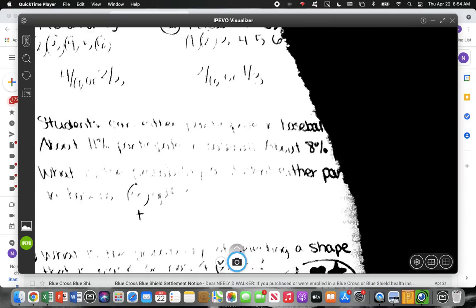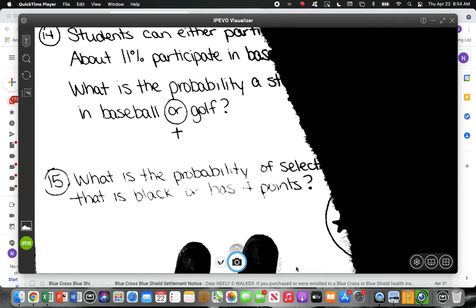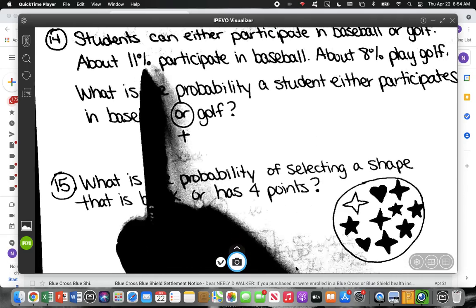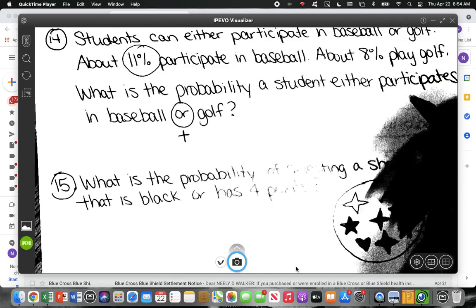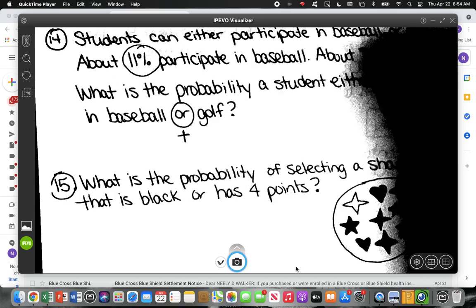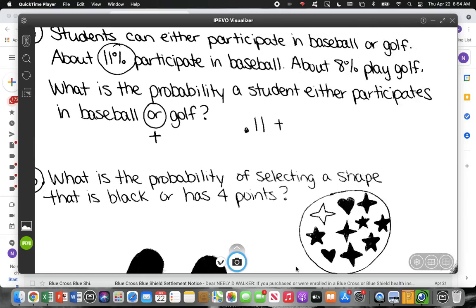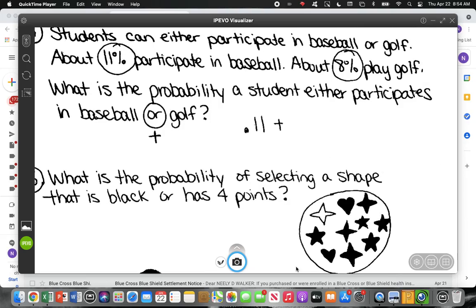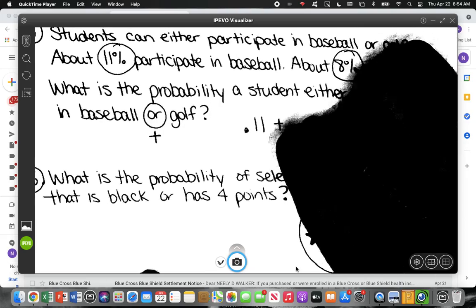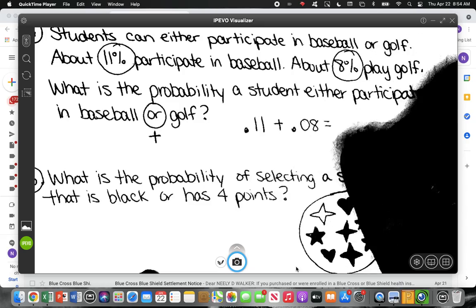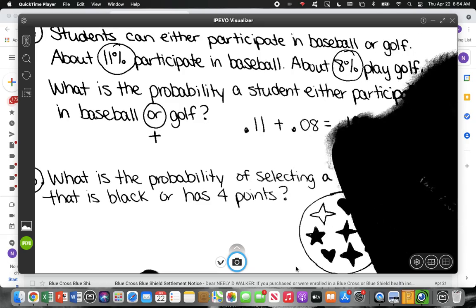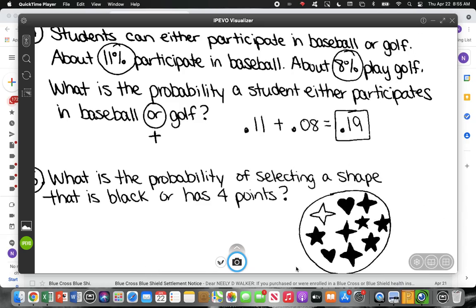Or means add. So the probability of baseball, what's the decimal for 11%? 0.11. What's the decimal for 8% for golf? 0.08. So if I add those together, we get 0.19.